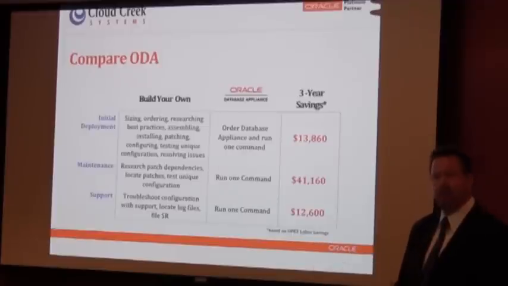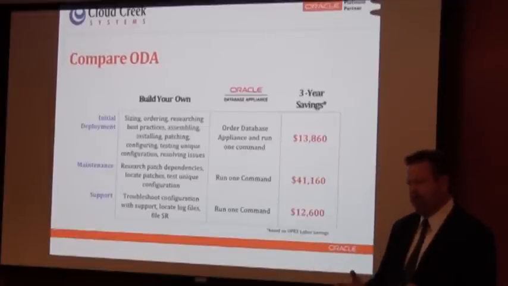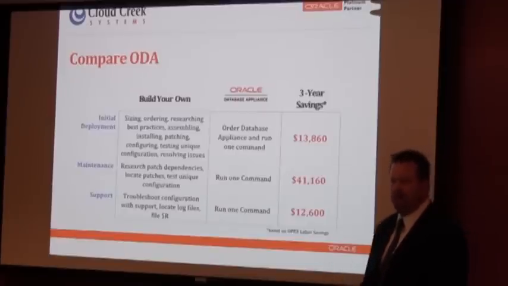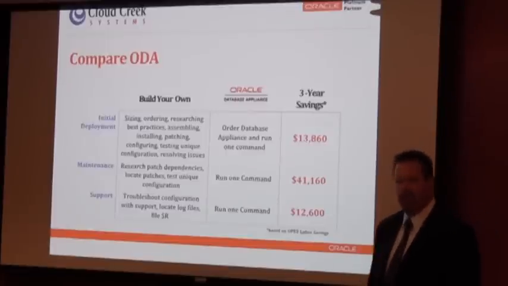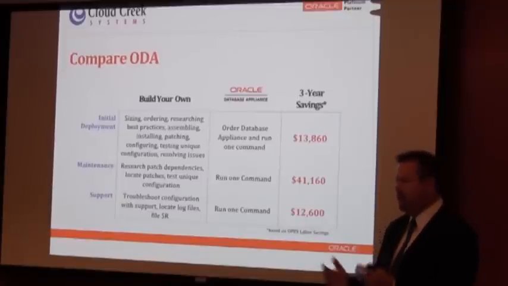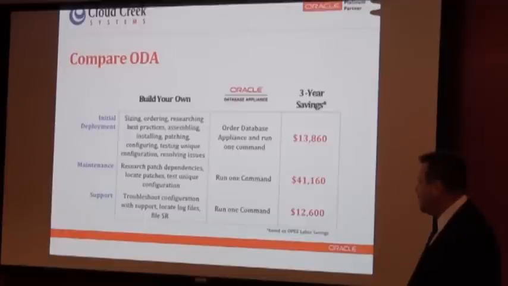In maintenance and support, we talked about phone home capabilities, where now you don't have to spend time each day or each week determining what patches you need to apply. Do I need to upgrade that BIOS? Do I need to upgrade that controller software? Do I need to upgrade the operating system?